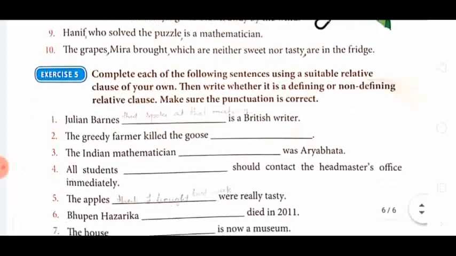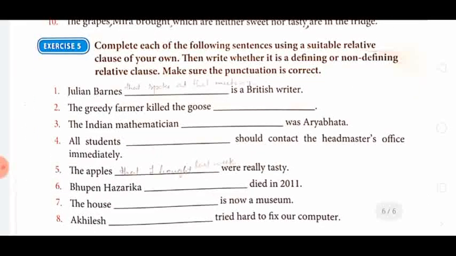And exercise 5, complete each of the following sentences using a suitable relative clause of your own that you have to write down by yourself. If you are going to use a defining relative clause, there won't be any comma. If you are going to use a non-defining clause, you have to separate it with a comma. Okay. So this exercise you have to do by yourself, because everybody can think in his own way.